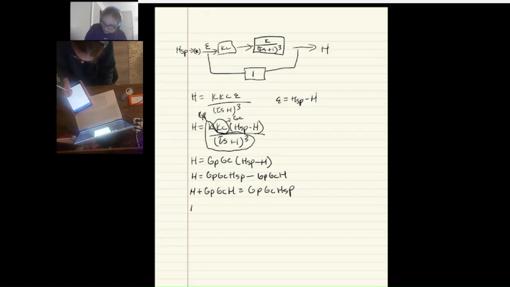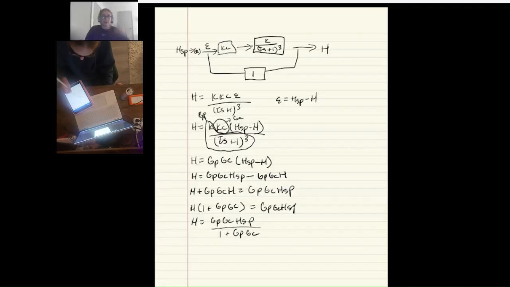So we have H times 1 plus Gp Gc is equal to Gp Gc times the set point, right? Then we can divide and have just our height. So H is equal to Gp Gc times the set point divided by 1 plus Gp Gc.